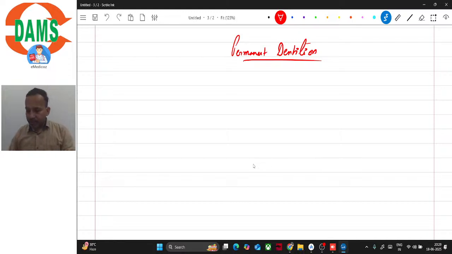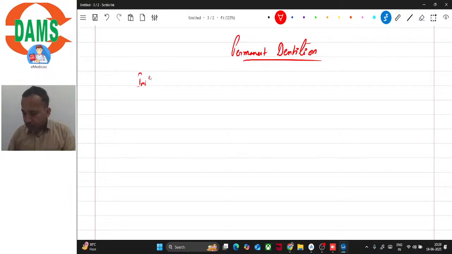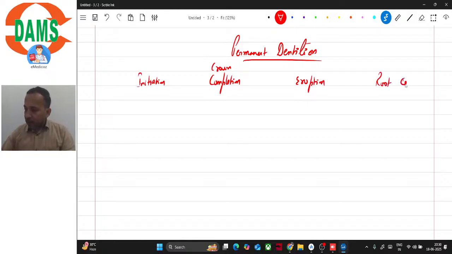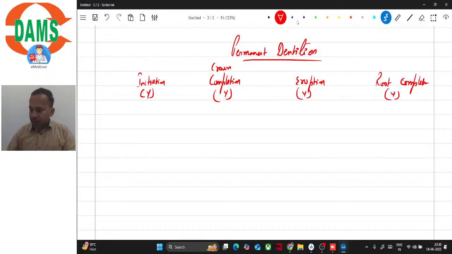So initiation, crown completion, eruption, and root completion. Now all these dates would be in years, except for some which we'll see.